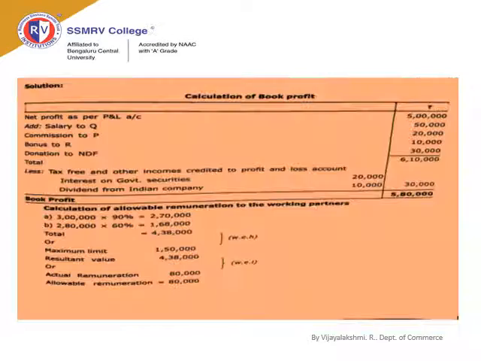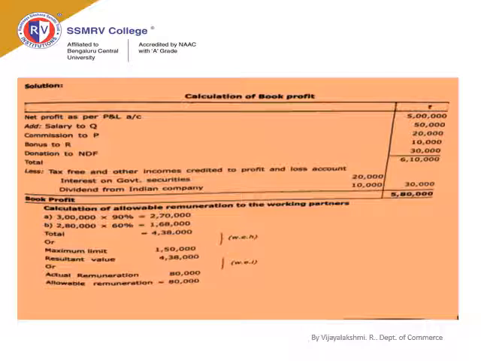Let us see the solution. See here, in this solution, the net profit as per P&L account, 5 lakh, is taken, to which we add the salary paid to Mr. Q 50,000, commission paid to Mr. P 20,000, bonus paid to Mr. R 10,000, and donation to NDF. All these four adjustment items are added to net profit.